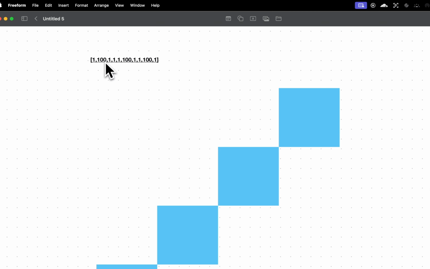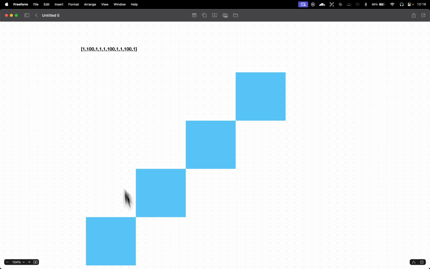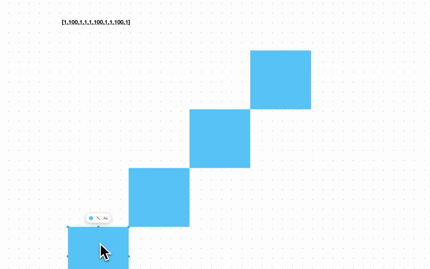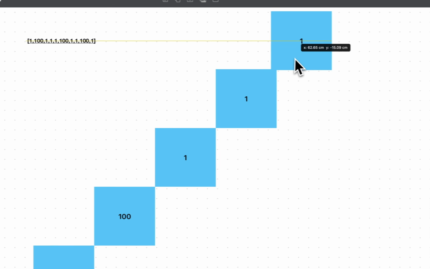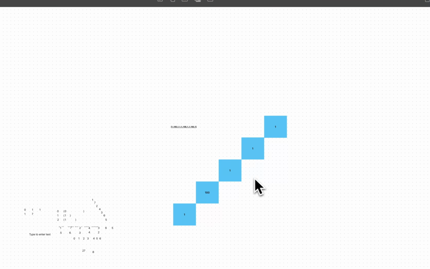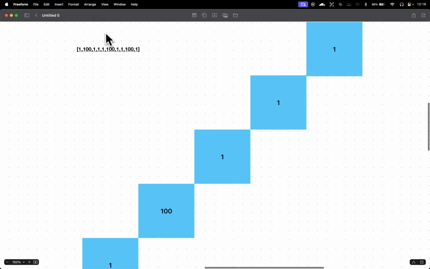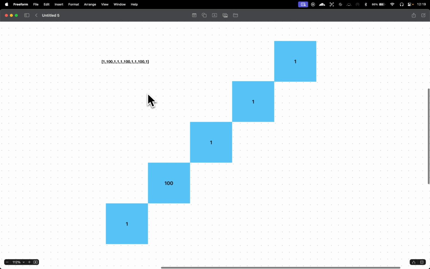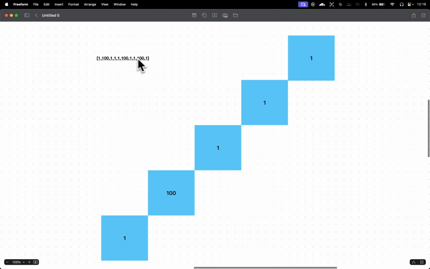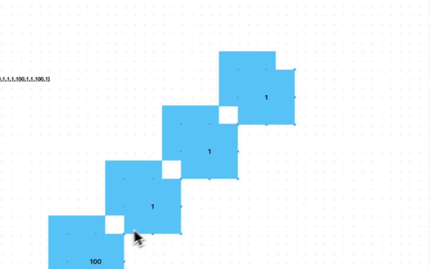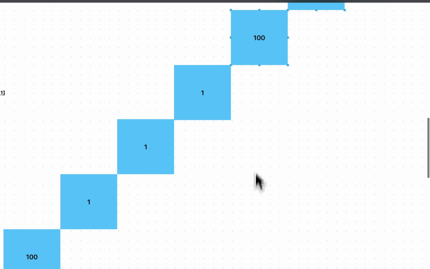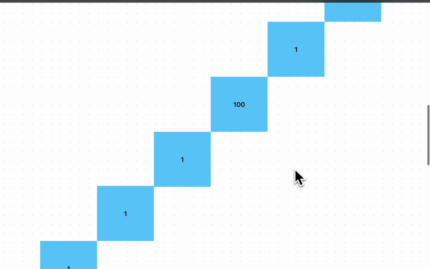Okay, let's see. So again, these are the step costs: 1, then this would be 100, 1, this would be 100, this would be 1, this would be 1, then I need one more 1, and then it goes on. I don't want to do it again. 1 1 1 1 100 1 1 1 100 1 1 1, which means this pattern: 100 1 1 1 100 1 1, sorry, not triple.